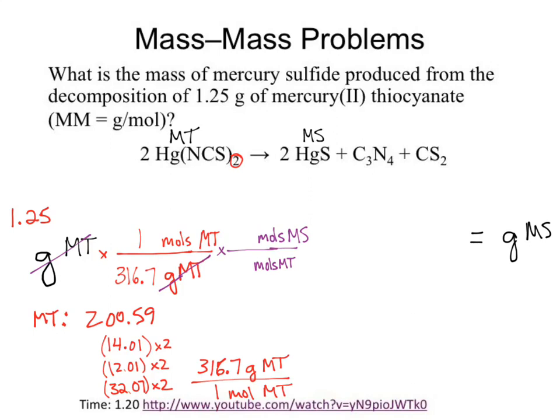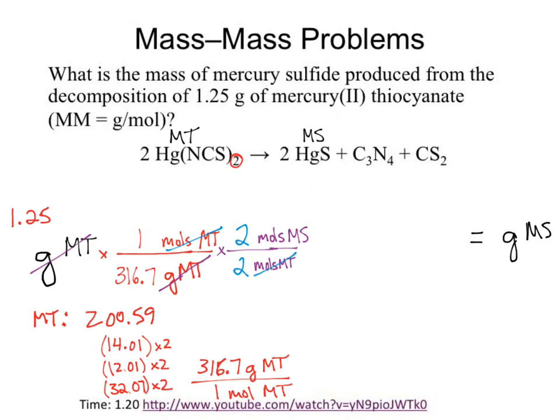The number that shows up in front of MS was 2. The number that shows up in front of MT, 2. Okay. What units do we have now? Moles of MS.